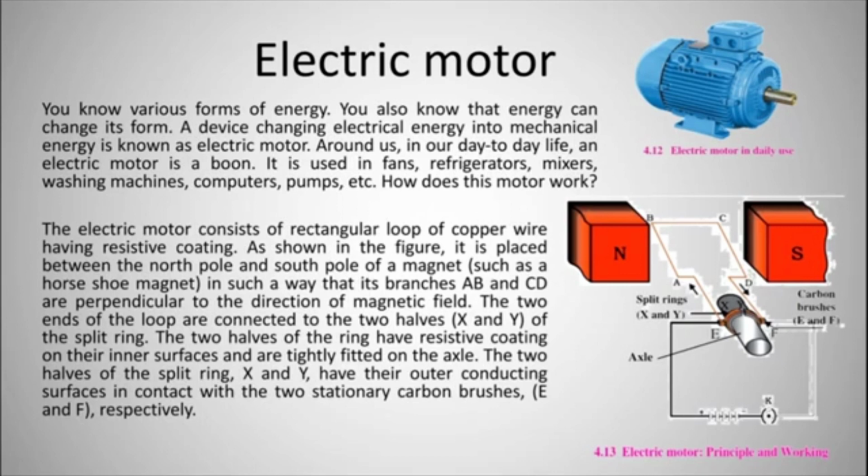It is placed between the north pole and south pole of a magnet, such as a horseshoe magnet, in such a way that its branches AB and CD are perpendicular to the direction of the magnetic field. The two ends of the loop are connected to the two halves X and Y of the split ring.